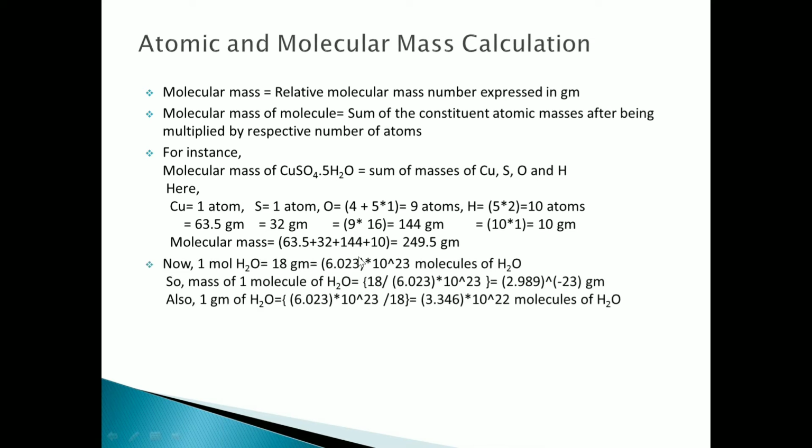Now for 1 mole of water molecule, that is 1 mole H2O equals 18 gram, and we can also find out the molecular mass very easily: hydrogen has 1 hydrogen atom equals 1 gram, so 2 equals 2 gram, and oxygen atom equals 16 gram, therefore total 18 gram.